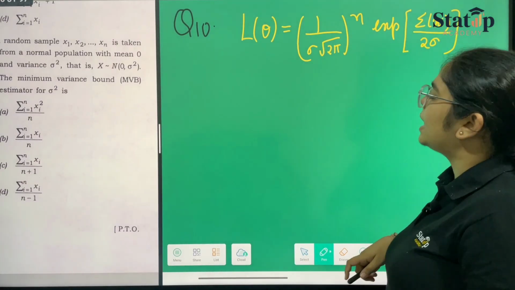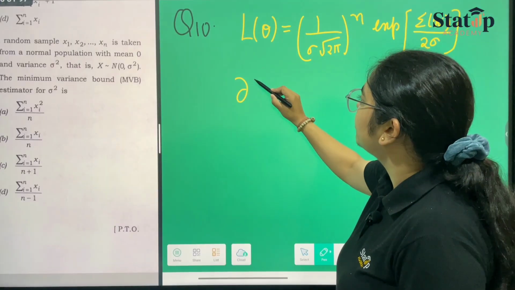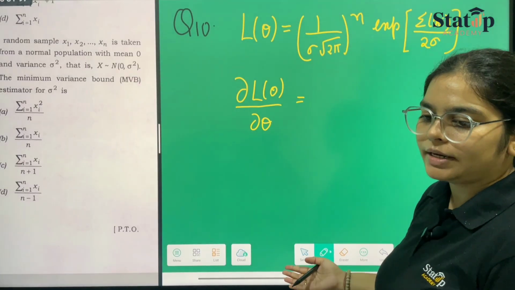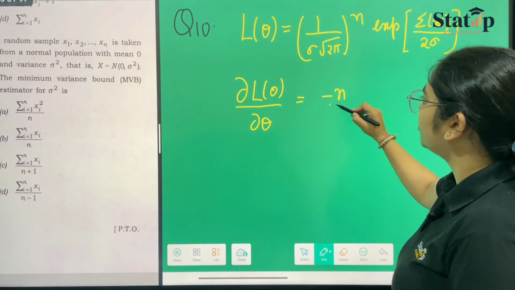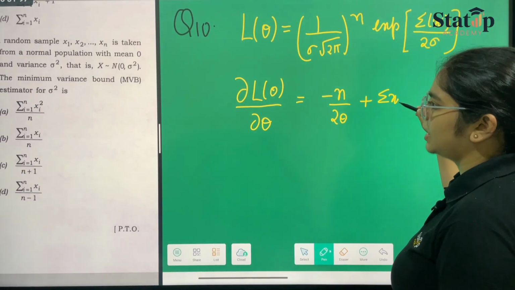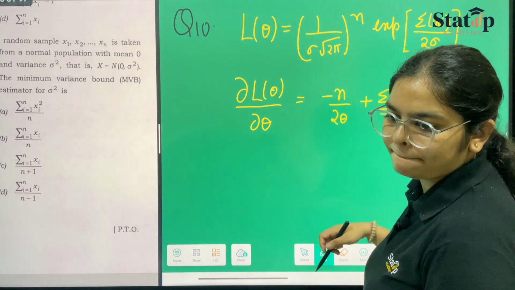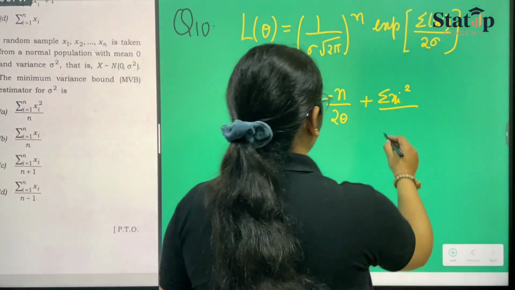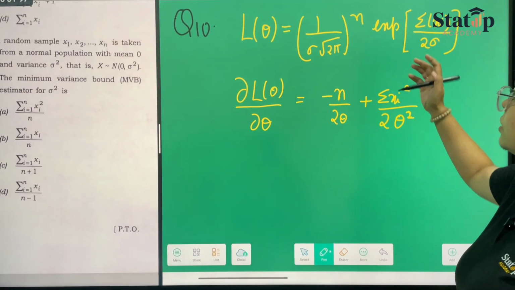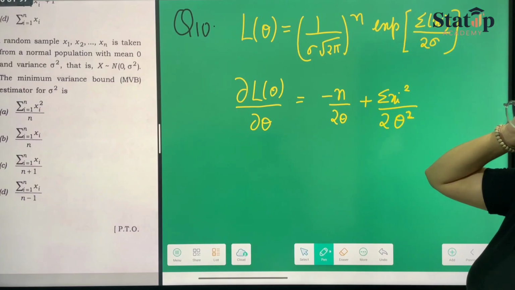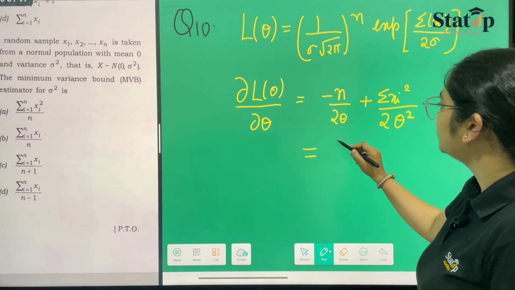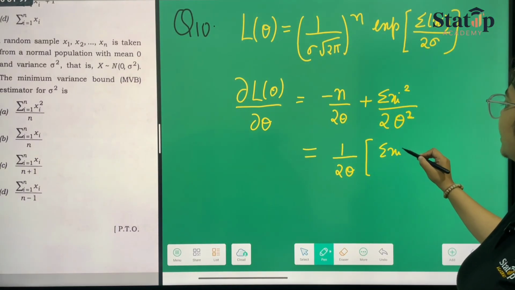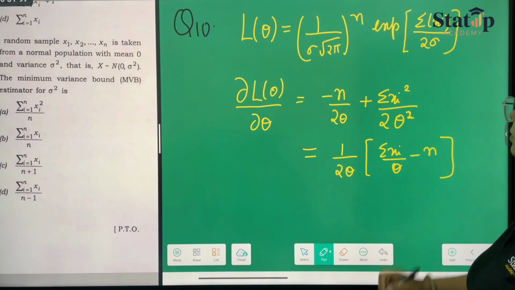On solving the likelihood and then differentiating this with respect to theta, we will be getting some value, suppose minus n upon 2 theta plus summation xi upon 2 theta square. So on finding the likelihood and then differentiating it with respect to theta, we can finally conclude that it is 1 upon 2 theta common, then we are only left with summation xi upon theta minus n.